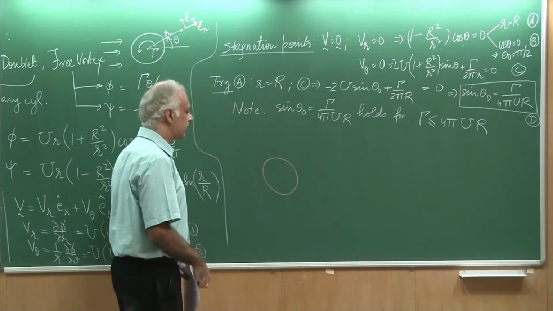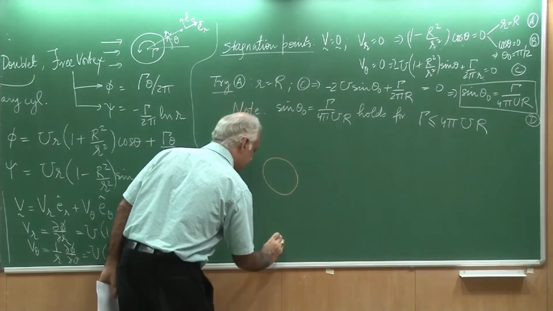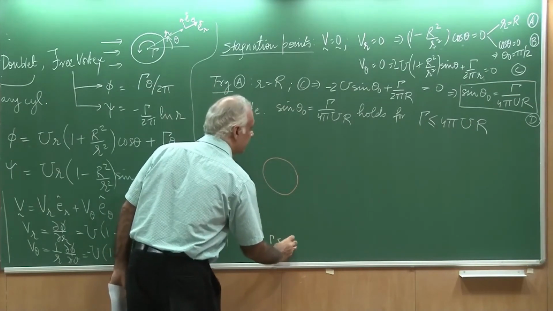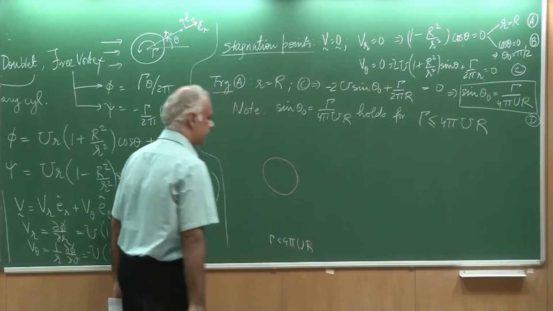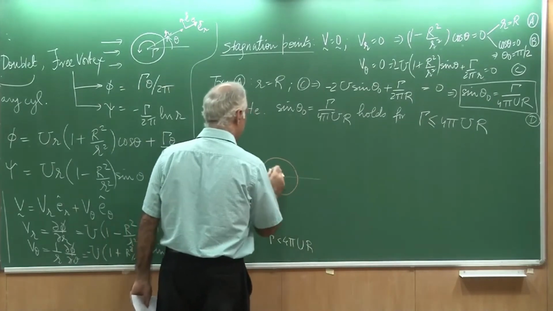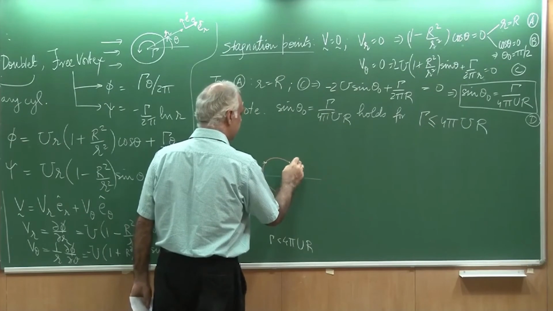So, this is my circular cylinder, and I have here a certain gamma, and this gamma is less than 4 pi u r. In that case, my streamlines would look like this. So, first I mark the stagnation points.